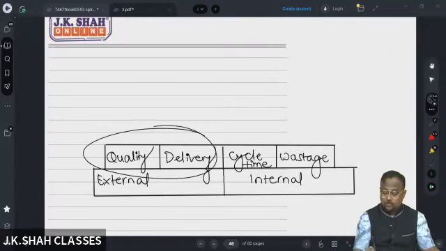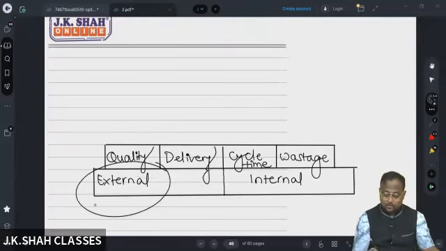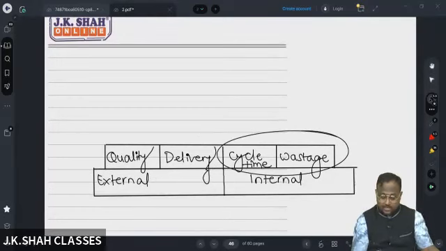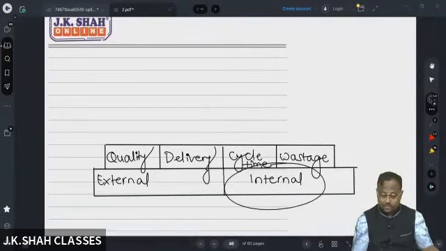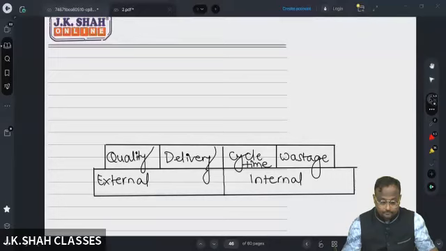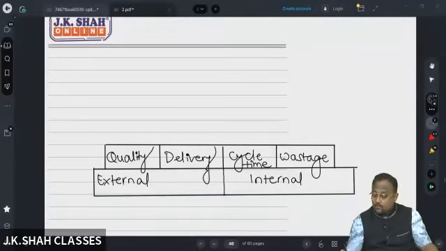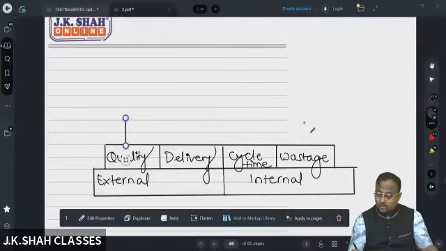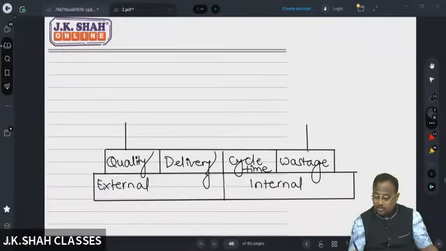So basically, if you focus on first two, your external goals are achieved. If you focus on next two, your internal goals are achieved. Now, what do you get out of this? 4 aspects.